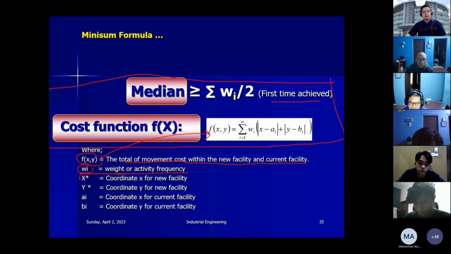X star and Y star are the coordinates X and Y for the new facilities. And ai and bi: ai is the X coordinate for the current facilities, meanwhile bi is the Y coordinate for the current facilities. Don't worry about this formula, later on I will explain based on our examples.